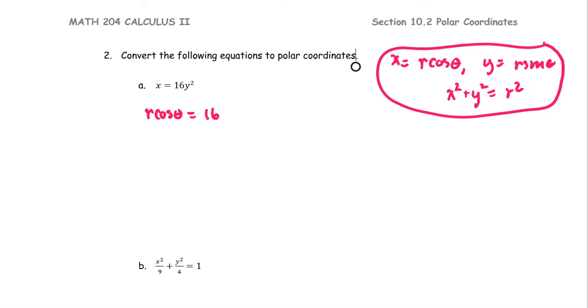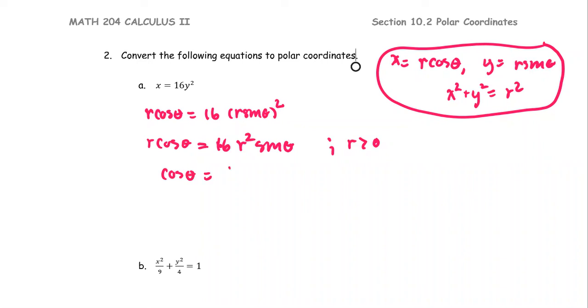The y is r times sine theta, and then we square it. Now we have r times cosine theta equals 16 times r squared times sine squared theta. Reduce the r on both sides since r will be greater than 0, so we can divide all by r. Now we get cosine theta equals 16 times r times sine squared theta.